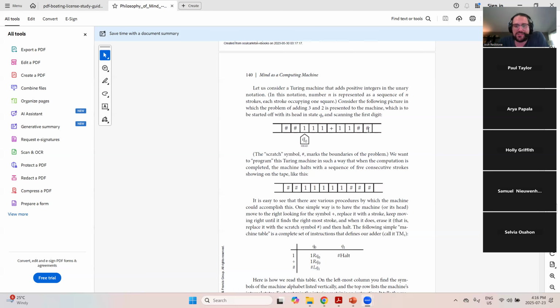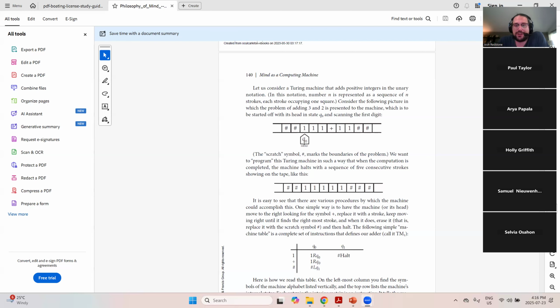But all this means, like this is a program that adds positive integers, and here we're adding 3 plus 2 to get 5. So we're running our program, which is to add 3 plus 2. The initial state is 3 plus 2, and we want to get to 5. And this is what the symbols on the tape would look like. These little scratch symbols define the boundary of the problem.